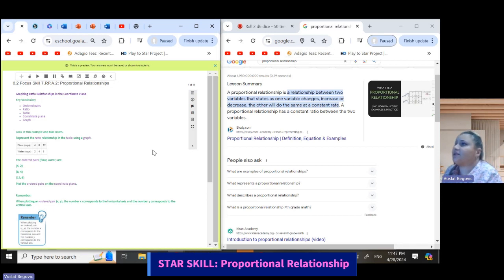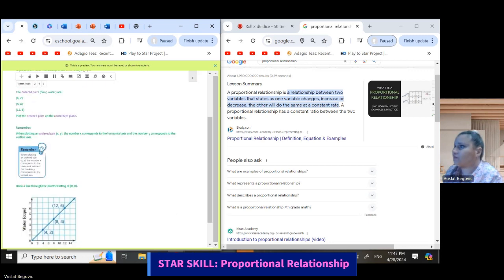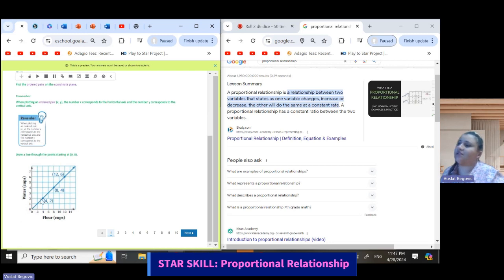Let's look at our question. So this is, for instance, a constant of proportionality. There is a proportional relationship because it is moving at the same rate. There is a single straight line. But be careful.